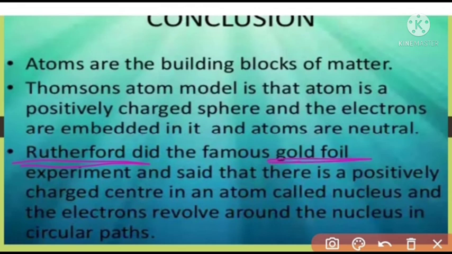Some rays deviate by a small angle from the gold foil, and some alpha rays are deflected. From this, a positively charged center in an atom, called the nucleus, was described by the Rutherford model. Electrons revolve around the nucleus in circular paths. These were concluded by Rutherford.